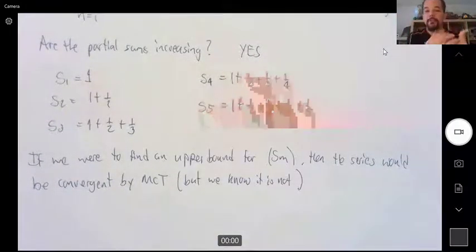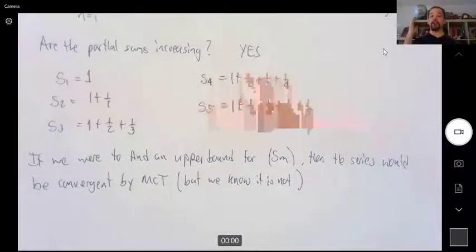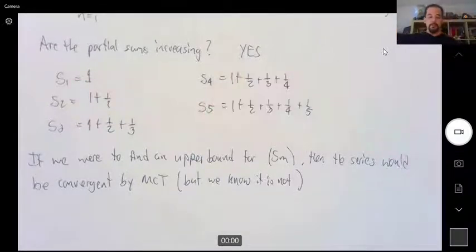Now think about it. What happens with a sequence that is increasing but does not have an upper bound? If it doesn't have an upper bound, that means you cannot contain it. It keeps growing and growing as big as you want. And if the sequence keeps growing, then it has no limit, right?